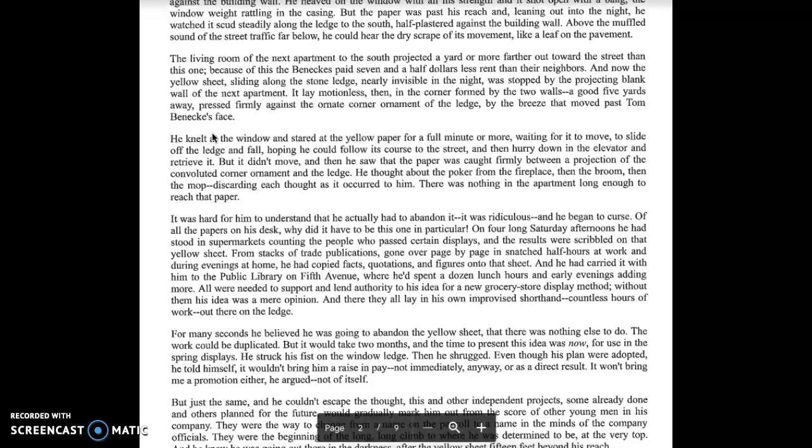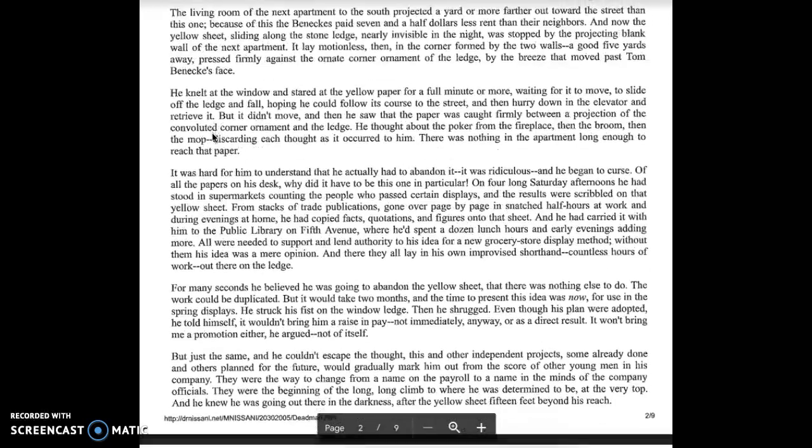It lay motionless, then, in the corner formed by the two walls, a good 5 yards away, pressed firmly against the ornate corner ornament of the ledge, by the breeze that moved past Tom Benecke's face.